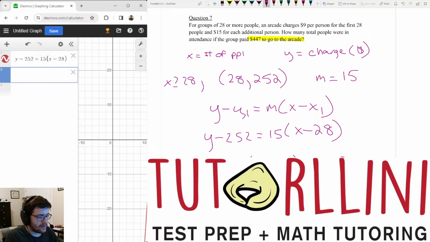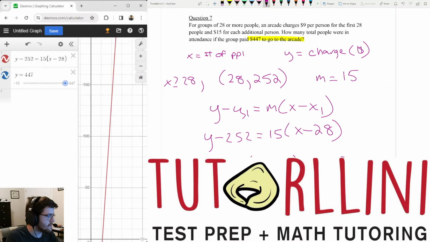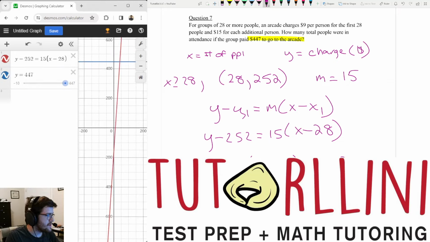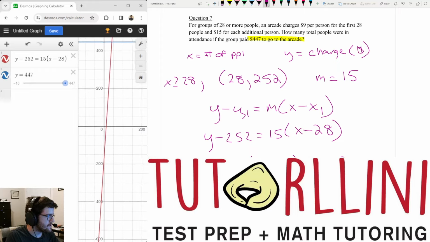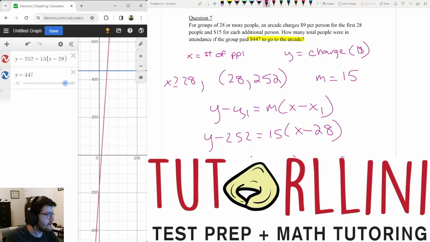And we know they spent 447, so that's y equals 447. And I'm going to zoom out. And sure enough, it tells me 41 people. So that's what I would have actually done on the test day. Though when you're practicing at home, work on your algebra is really important, just in case. You never know.